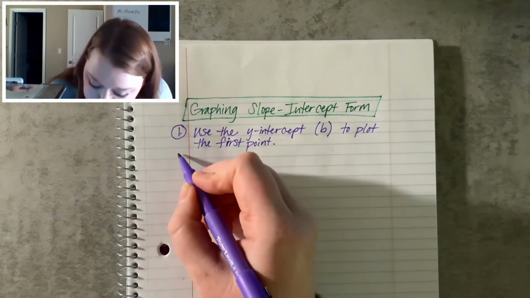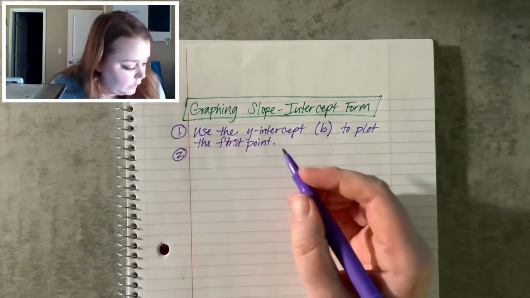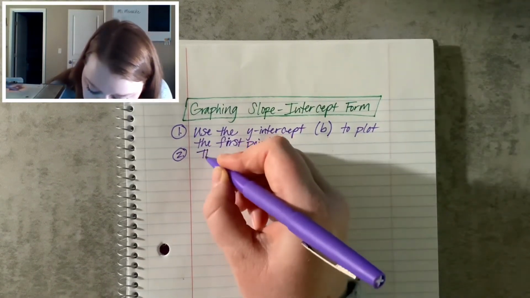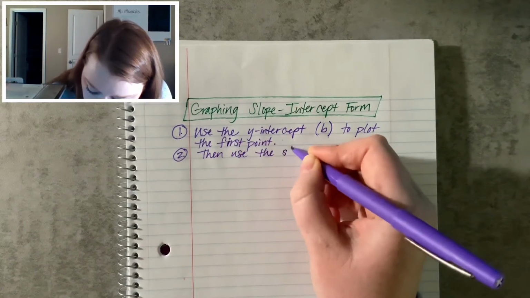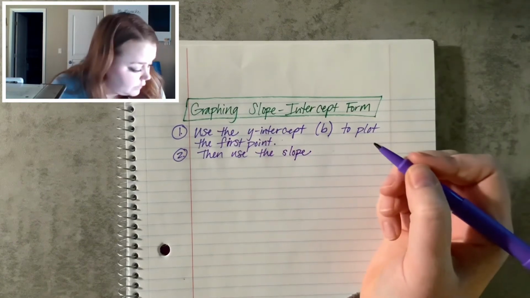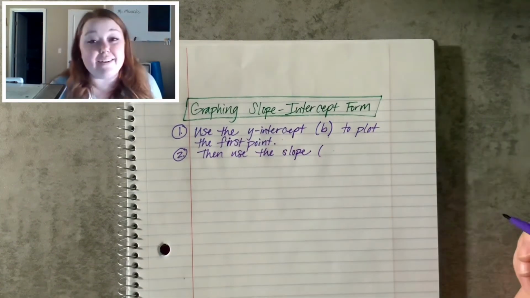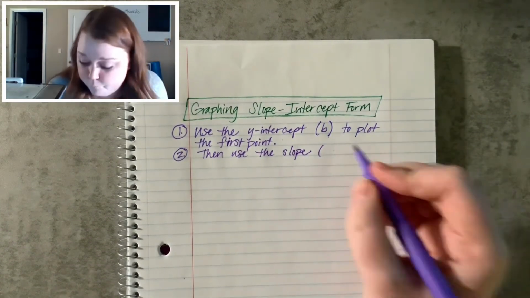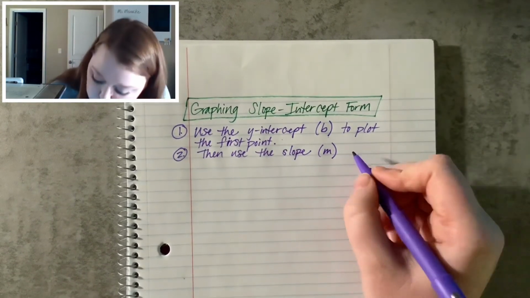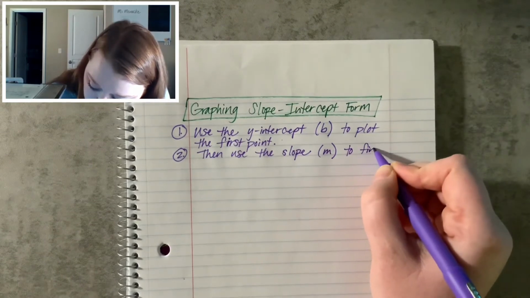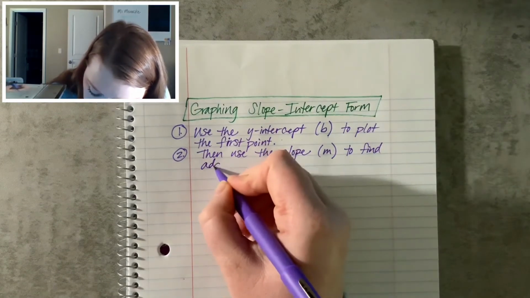Okay. Step 2 is then use the slope. Then use the slope. And what letter represents slope? M. Then use the slope to find additional points.